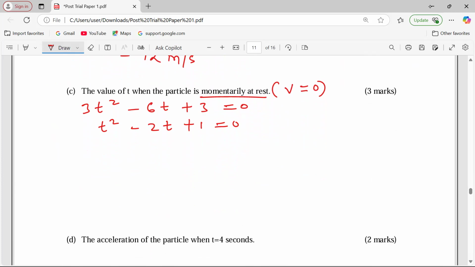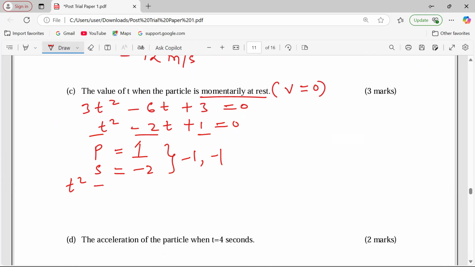If I use factorization, I'll need a product equal to a times c, so 1 times 1. Then the sum the value of b, which is -2. So this is -1 and -1, right? Multiplied +1, added -2.